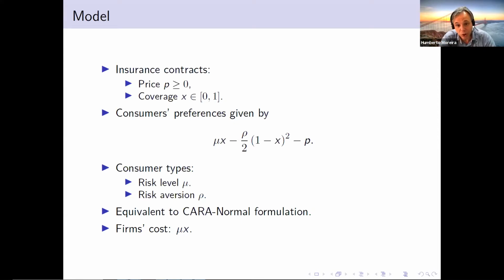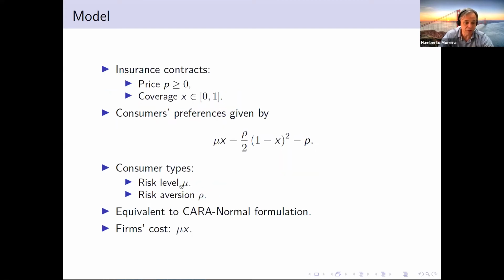So as you have more coverage, the loss you feel is lower, in a quadratic way, and it is weighted by the risk aversion parameter rho, minus the price you pay per contract. So that's the utility of the agent.